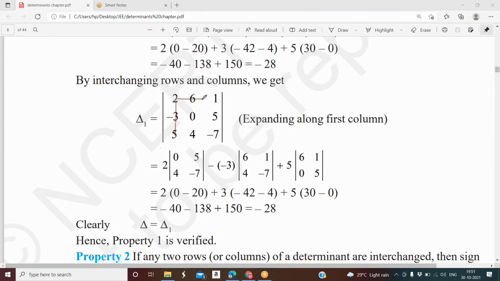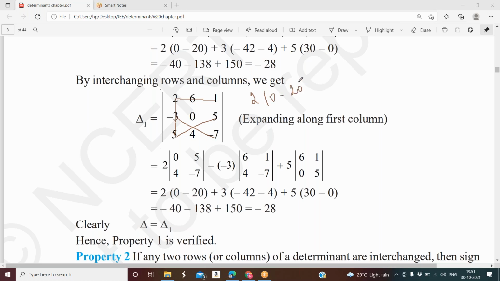So 2 into 0, 5, 4, minus 7. Then this is minus 6. Minus 6 into minus 3, minus 7, 5 into 5. Plus 1 into minus 3, 0, 5, 4. 0 into minus 7, 0.